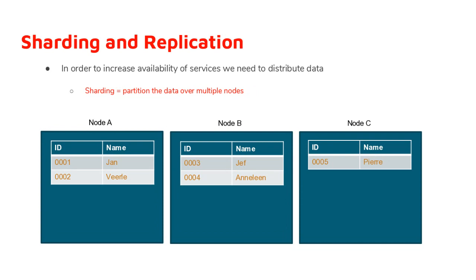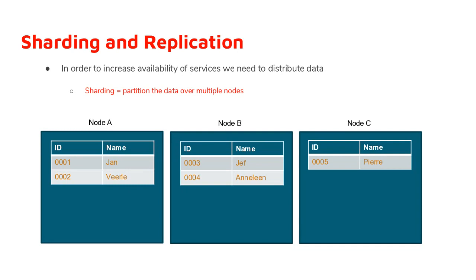And then another thing is sharding. Here we have the table from before, but now it splits. The first two rows are stored only on node A, the second two rows are stored on node B, and the last row is stored on node C. That's sharding, or partitioning, the data over multiple nodes. And of course, that's also important.